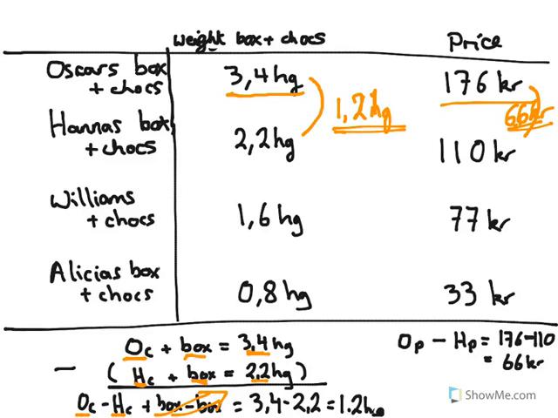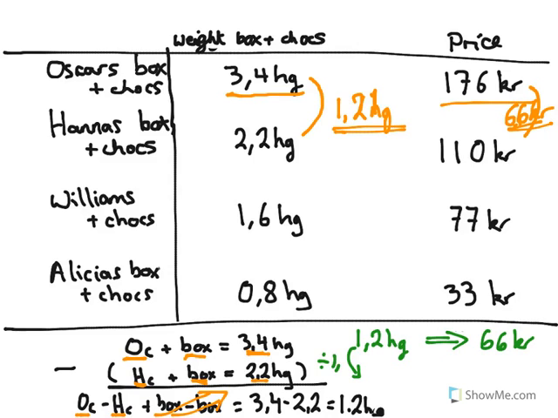So now we know that, and let's try and make a little bit of space down here. We know that 1.2 hectos of chocolate, no box anymore because we've subtracted that, is going to cost us 66 kronas. We don't want to know what 1.2 hecto is, we want to know what 1 hecto is, so we divide both sides by 1.2.